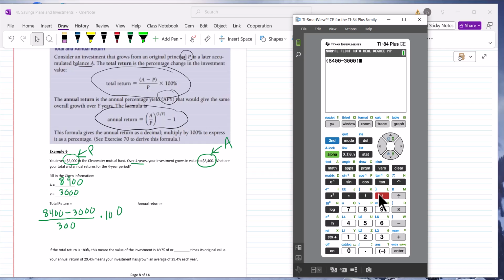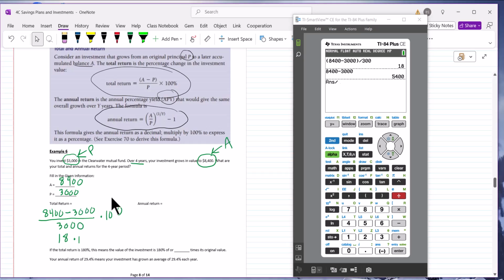I do 8,400 minus 3,000, make sure I get that okay. Now I need to divide that by 3,000. Okay, now I'm good.